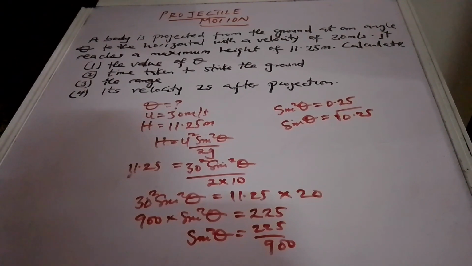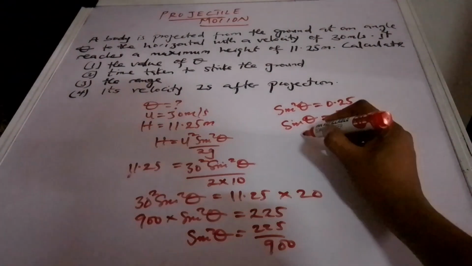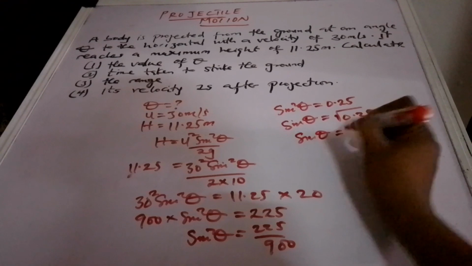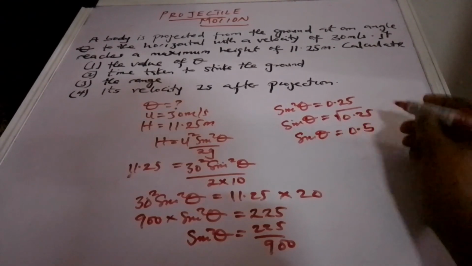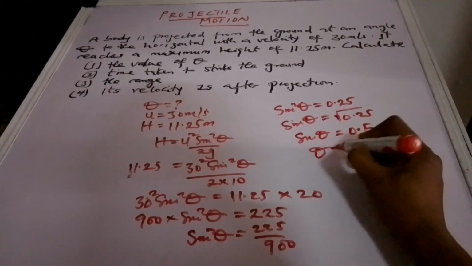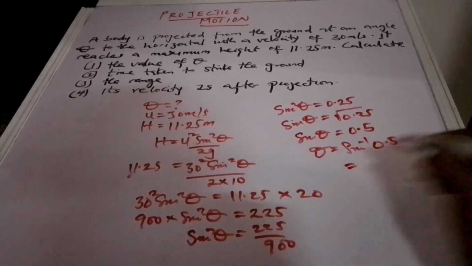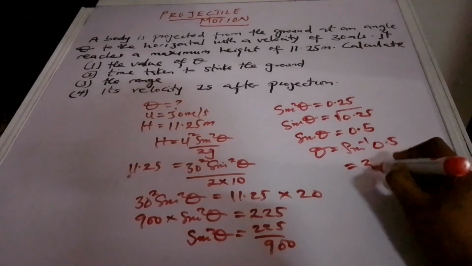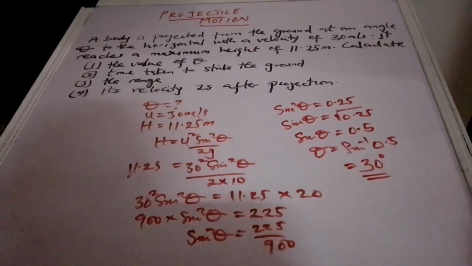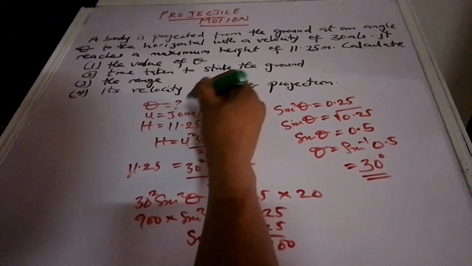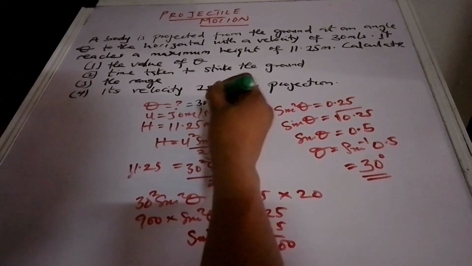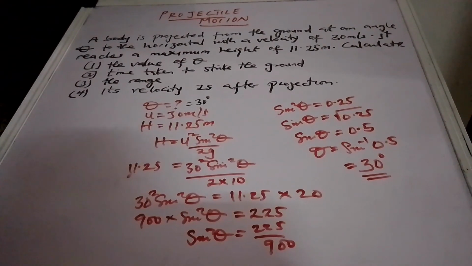The square root of 0.25 is going to give us 0.5. So sine theta is 0.5. And what is now theta? Theta will now be sine inverse of 0.5, and sine inverse of 0.5 is going to give us 30 degrees. So from this question, our theta is determined to be 30 degrees.